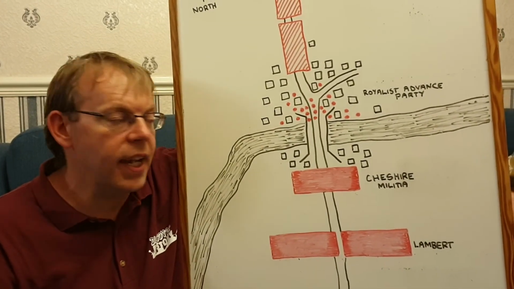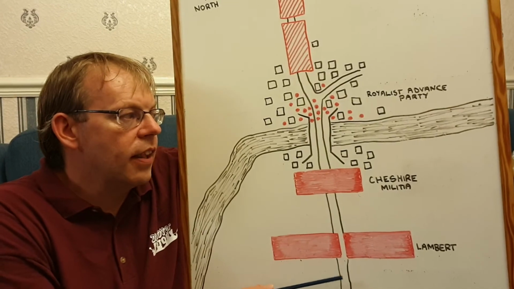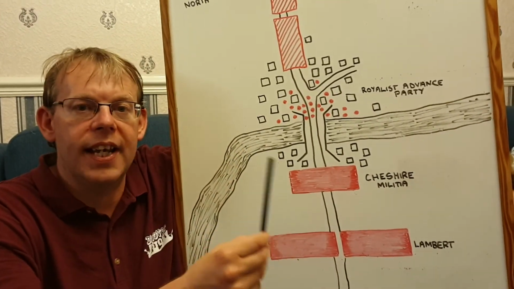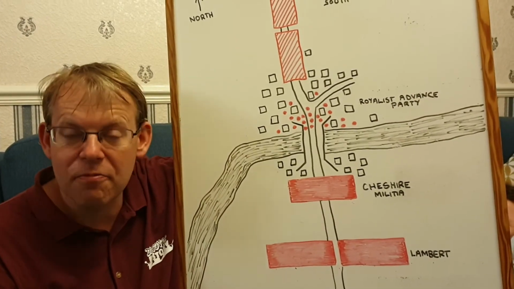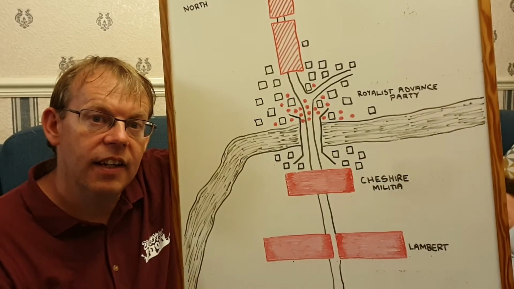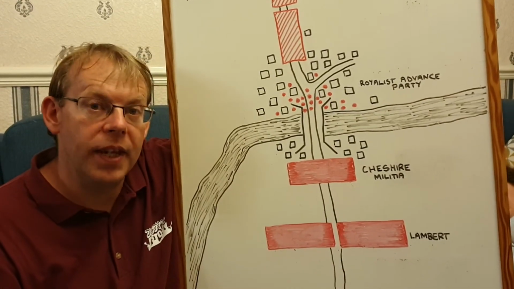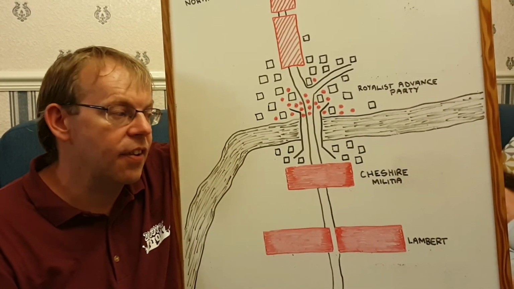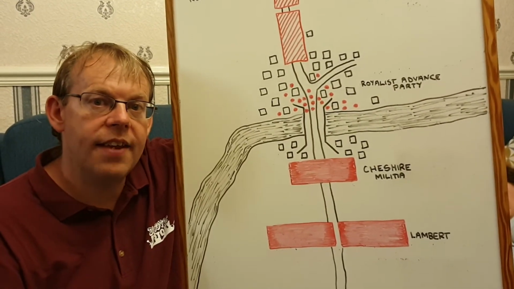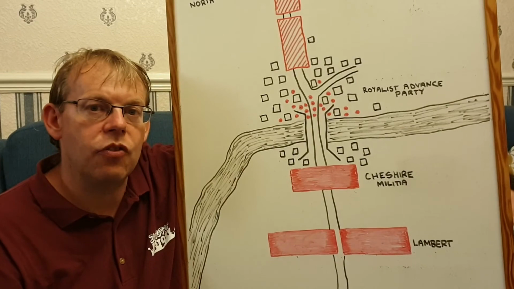Maybe the idea was there should be a skirmish and then a fake retreat by Lambert and the Cheshire militia. That could have been why this battle was fought. But if that was the case, Cromwell was not very happy because this is not the battle that he wanted. He wants a big battle where his army will outnumber that of the royalists.